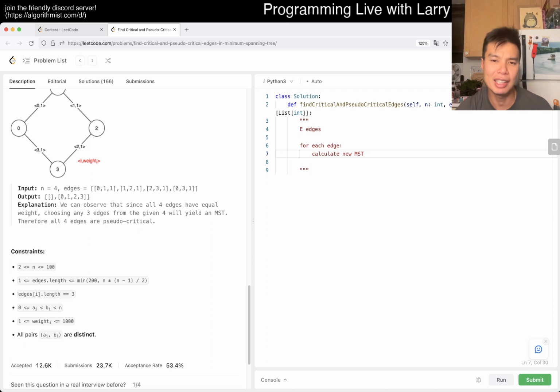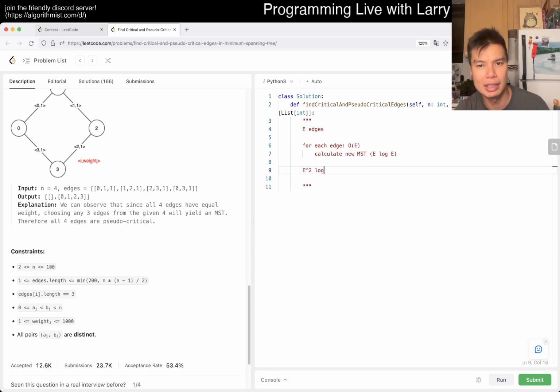Would that be fast enough? Well, this is all y iterations, and calculating a new MST we can do in y log y, which is going to be fast enough, because this is just at most y squared log y.